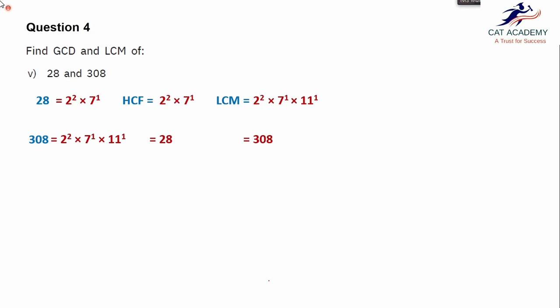So if one number is a factor of the other, then the smaller of the two is the HCF of the group and the larger of the two is the LCM of the group. Okay? Clear?